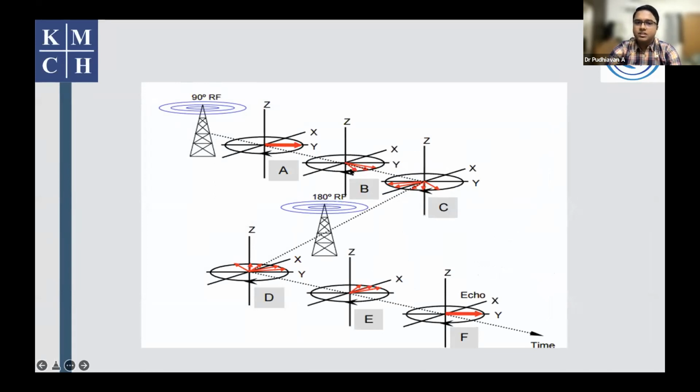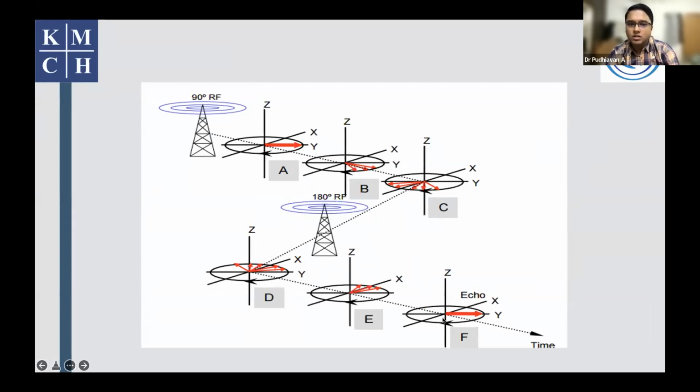And after that, they start to dephase rapidly. And once the dephasing starts, we give another 180-degree RF pulse, which flips the phase, and instead of dephasing, they will again start to rephase. And once the rephasing starts, they will all again gain phase and become in phase at a particular point in time.